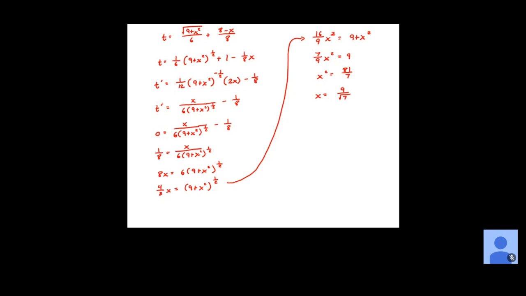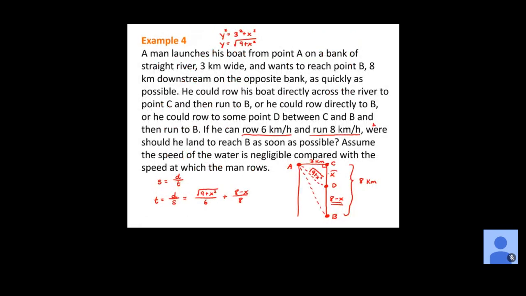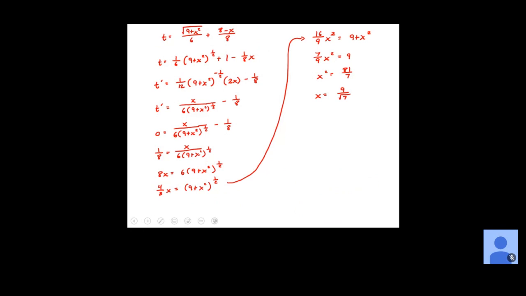All right, so now going back to the picture, the x value was this piece right here. We wanted to figure out where should he land, which means he wants to land downstream this distance right here. What would be our units?